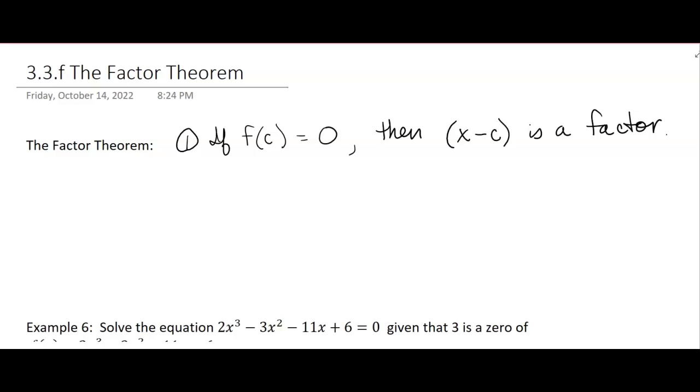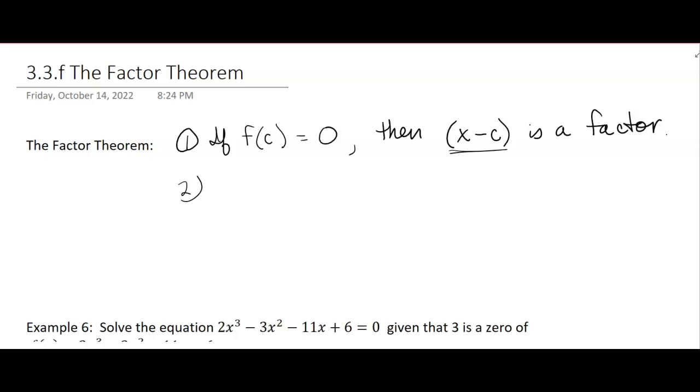So remember when we were solving quadratic equations in the past, it was easier if we could factor the equation, and then we could find the zeros that way, right? Using the zero product principle. So if you do f of c, you synthetically divide and the remainder turns out to be 0, then you know a factor, and the factor is x minus c.